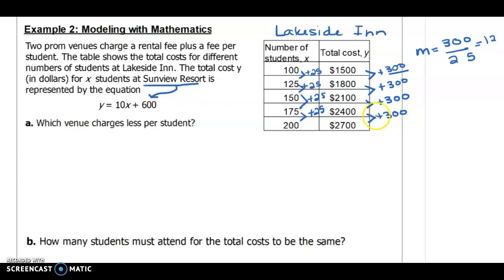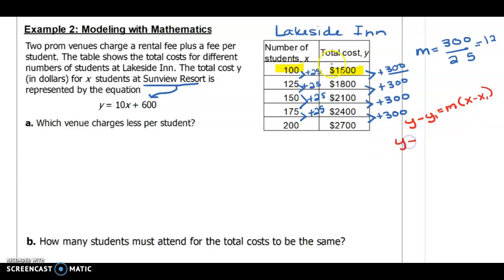Here I don't know my y-intercept, so this is where I'm going to use point-slope formula. I'm just going to pick any point that I want, this point here because it's on top. No rhyme or reason. So I'm going to use the equation y minus y1 equals m times x minus x1.